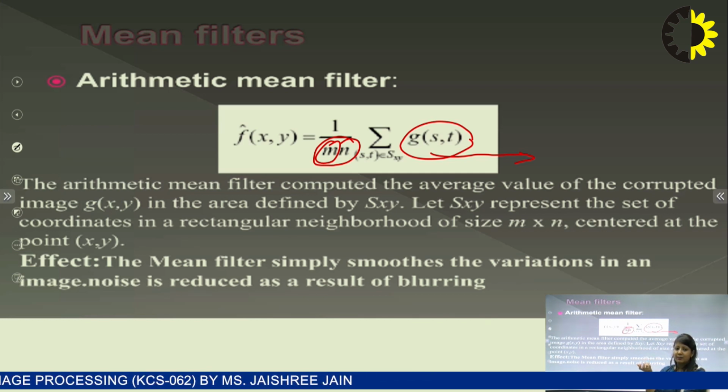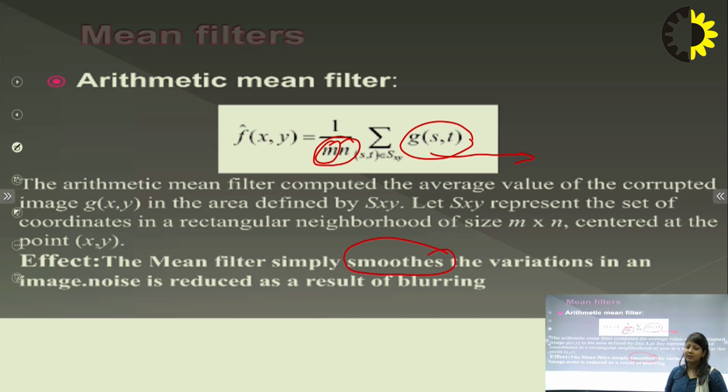Like the image can be 32 by 32, so m and n will be 32 and 32. This is the arithmetic mean filter. We can simply apply it for smoothing images; if I want smoothness in the image, I will apply this kind of filter.